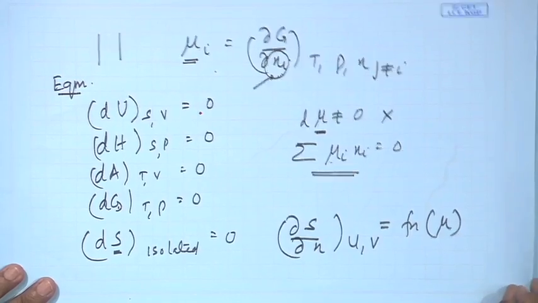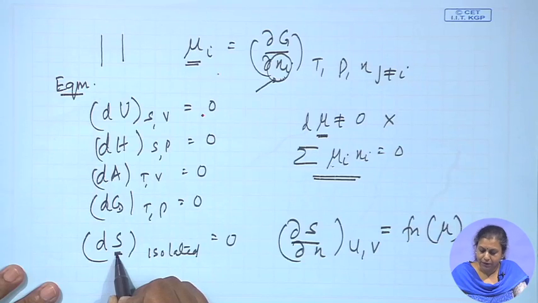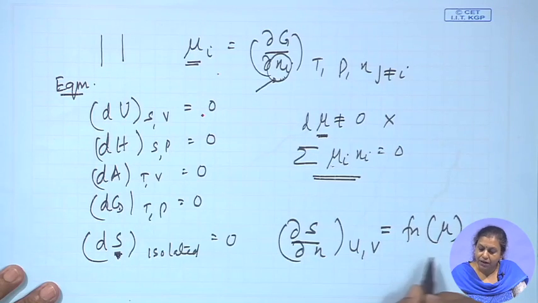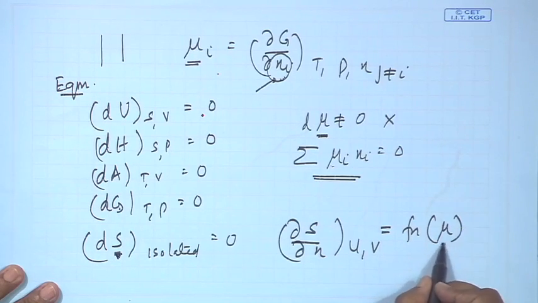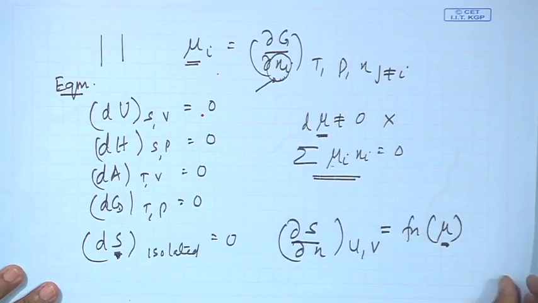Now, this derivation is slightly involved, but we can go through it and try to appreciate it, keeping in mind that although this is not a thermodynamic potential, it is often used to find the criterion of equilibrium for an isolated system, and it has a very interesting relationship with chemical potential, where the relationship is not of this particular form.